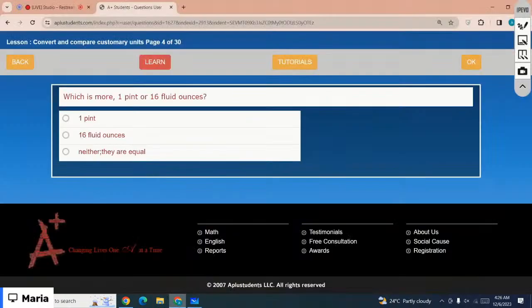So the other value is 16 fluid ounces. So they both are exactly equal, right? Neither is more, they are equal. The correct option is they are equal.